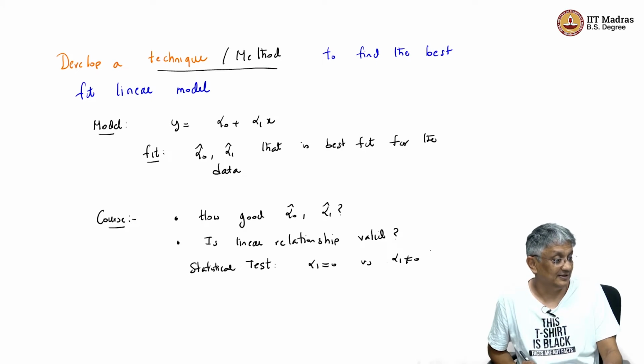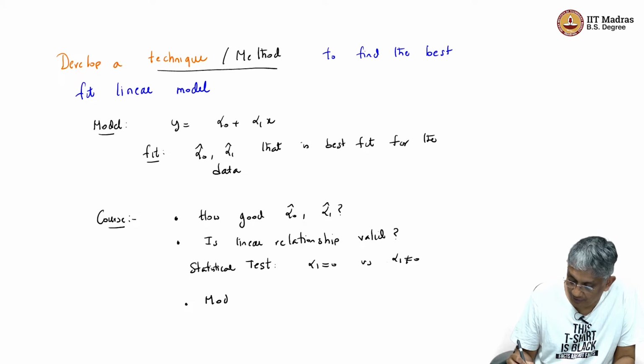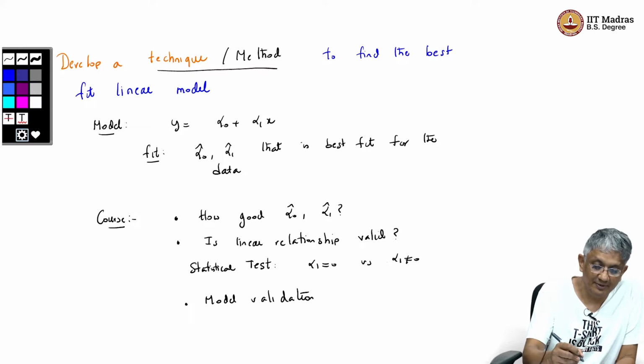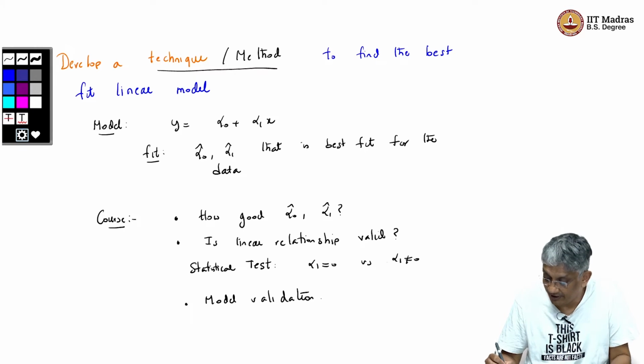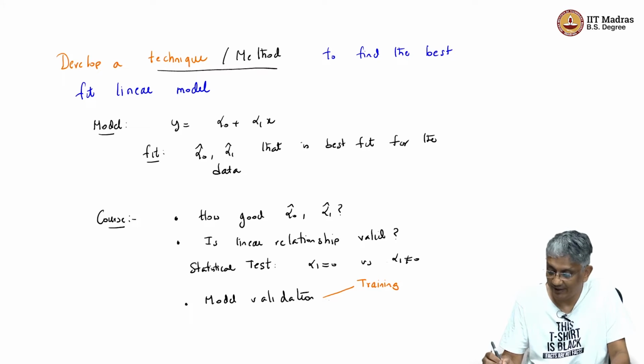Right. We can test these things and so on. And then the other thing is that, of course, we can also do model validation. This will be a little different from what you've done so far in machine learning and AI. There you'd have a training data set from which you would get the parameters.